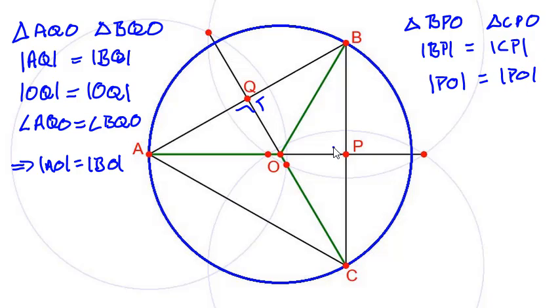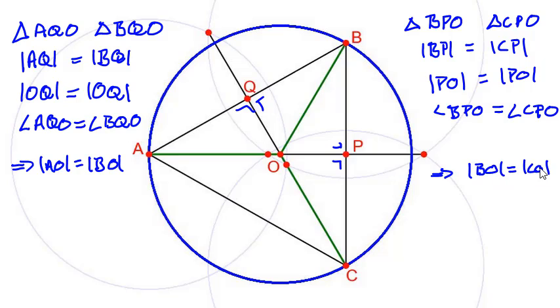And again, this angle is 90 degrees because this is the perpendicular bisector. So we have the angle BPO is equal to the angle CPO. So again, we have congruent triangles, and they're congruent by side, angle, side. And because they are congruent, that gives us that the length of the line segment BO must equal the length of CO.